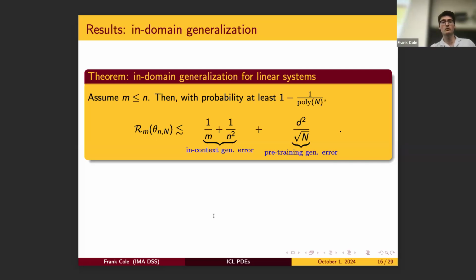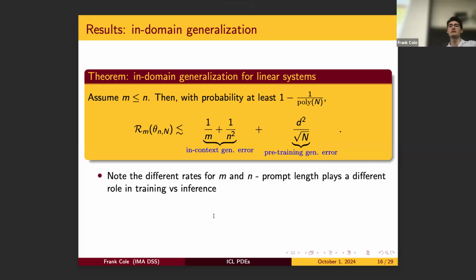So one thing to notice is that at least for the in-context generalization error, you have these two different rates, one for the context length during training, which is the lowercase n, and one for the context length at inference, which is the lowercase m. So they actually appear to play different roles in the error.